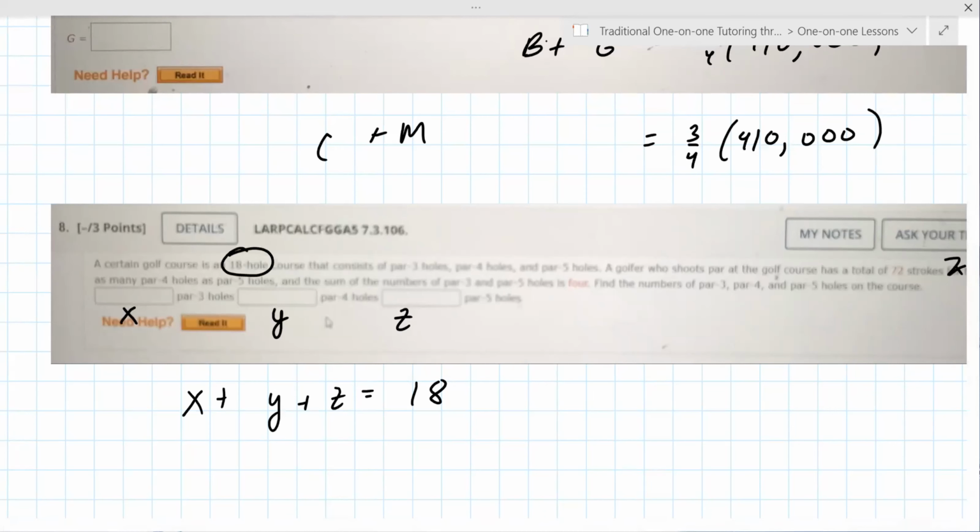Okay, and now we get into the part where there are 7 times as many par 4 holes as par 5 holes. So what that means is that it's either y equals 7z or z equals 7y.